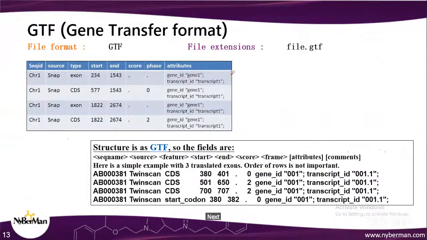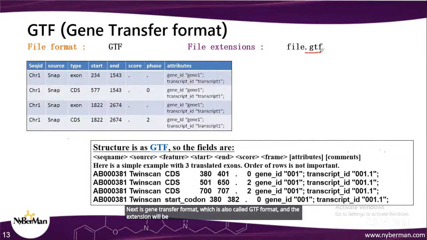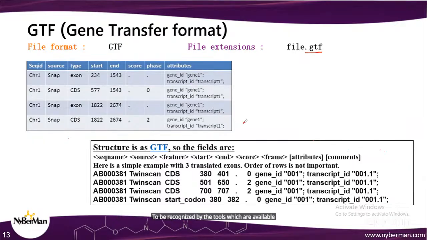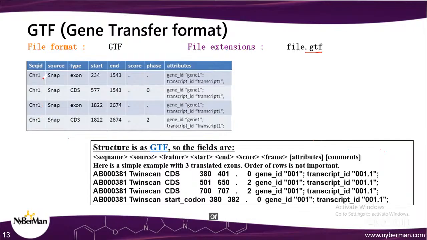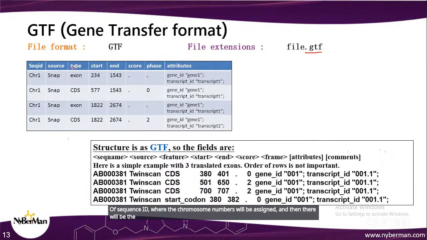Next is the gene transfer format, which is also called GTF format, and the extension will be .gtf. If you remember the file names, you will know the extension of each file, because extensions are important to be recognized by the tools which are available to handle this type of data. And the GTF file format will again have the information of sequence ID, where the chromosome numbers will be assigned, and then there will be the information of the type of that particular section on which that particular gene is residing.